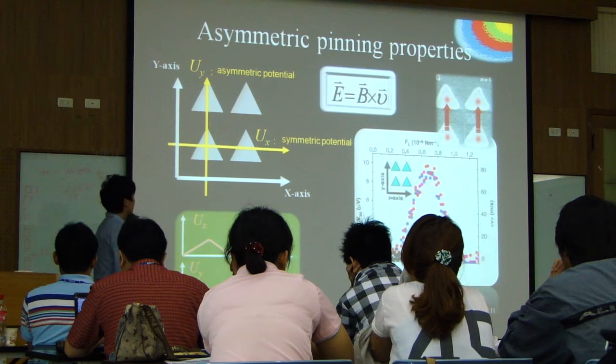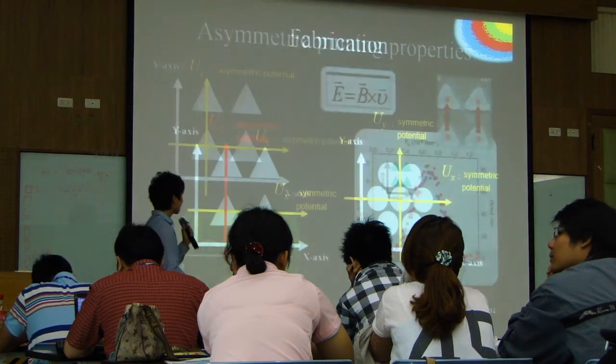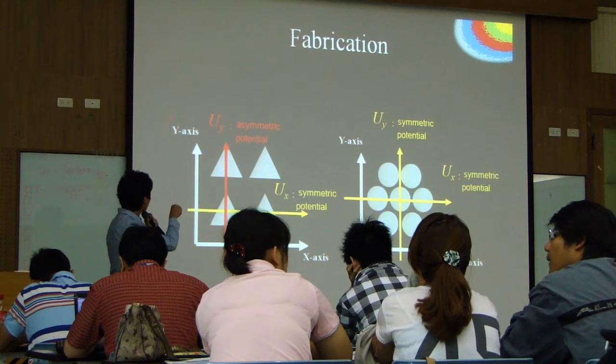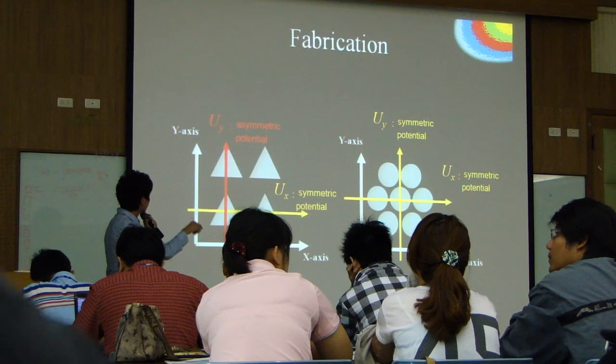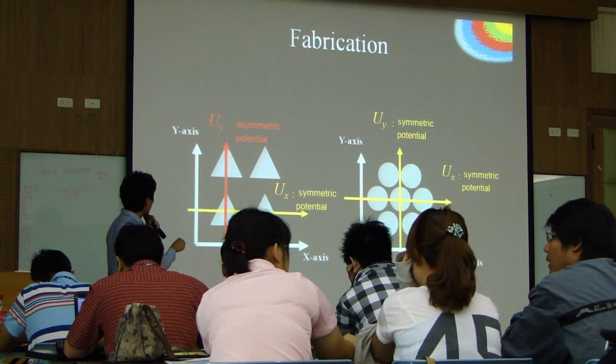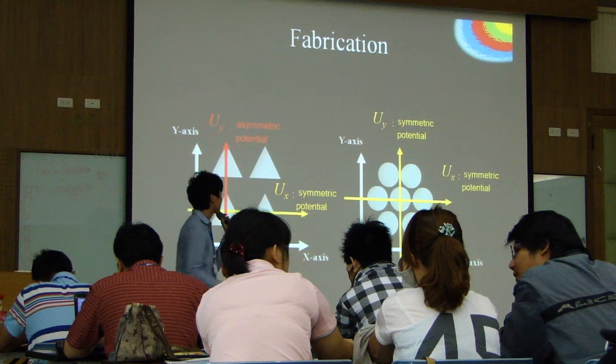So we can know from this equation. Now if we solve, we can know that for a fabrication pattern like this, the y-axis will have an asymmetry potential, but the x-axis will have a symmetry potential.